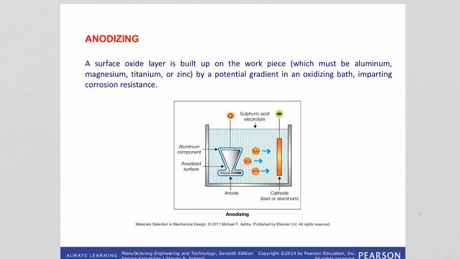So normally aluminum can form its own oxide layer, we know that, but this process can control the oxidation and control the thickness of that oxide layer.